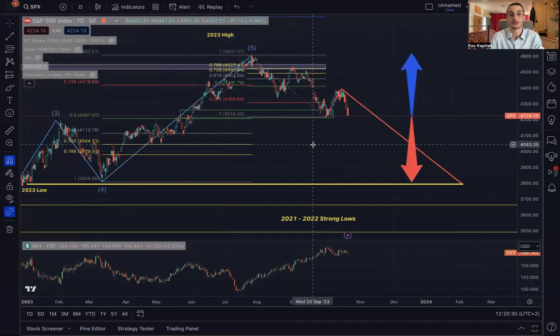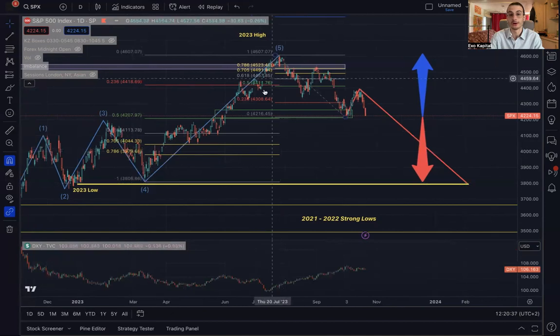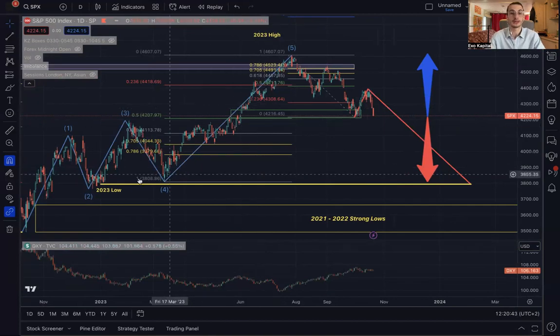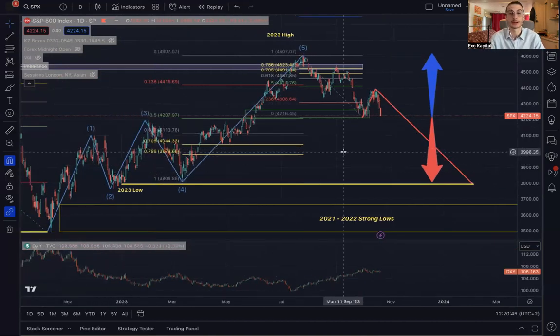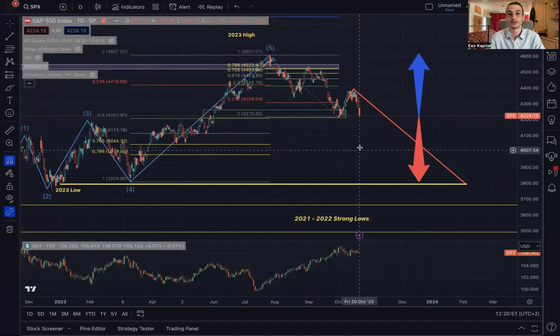Basically between the 0.70 and 0.79 of the last uptrend of the three impulses of the Elliott pattern. If it retraces to this, that would be the first stop.